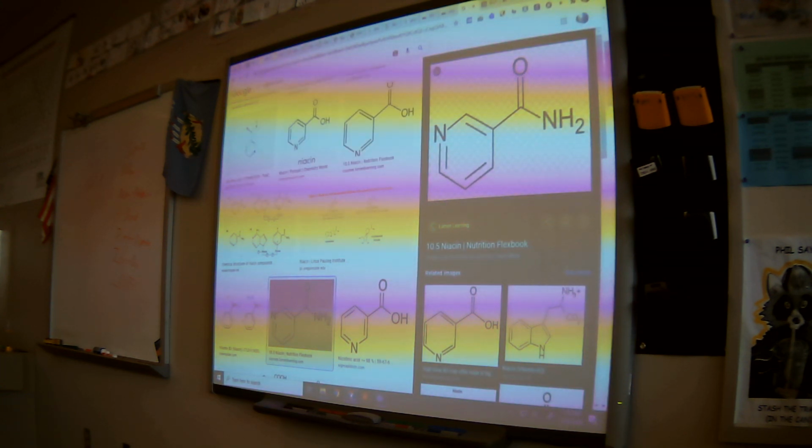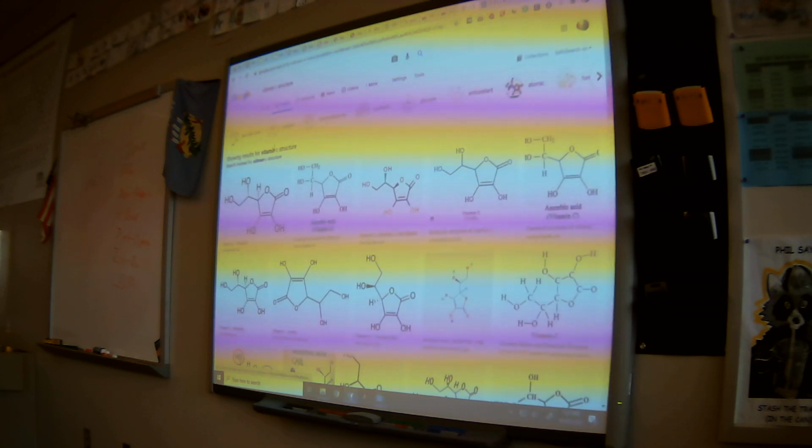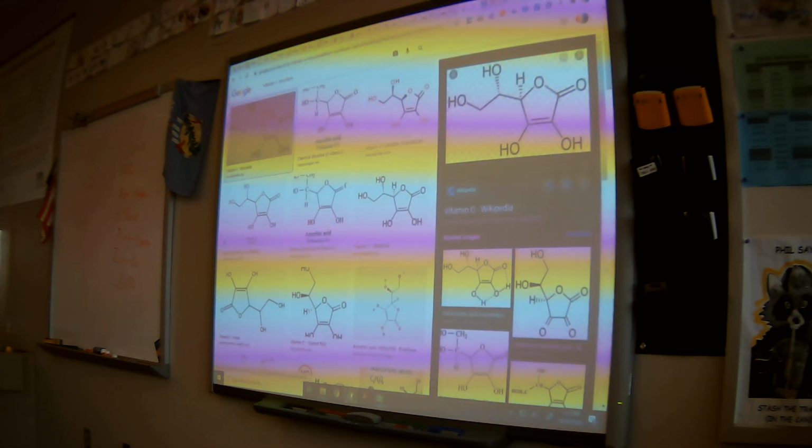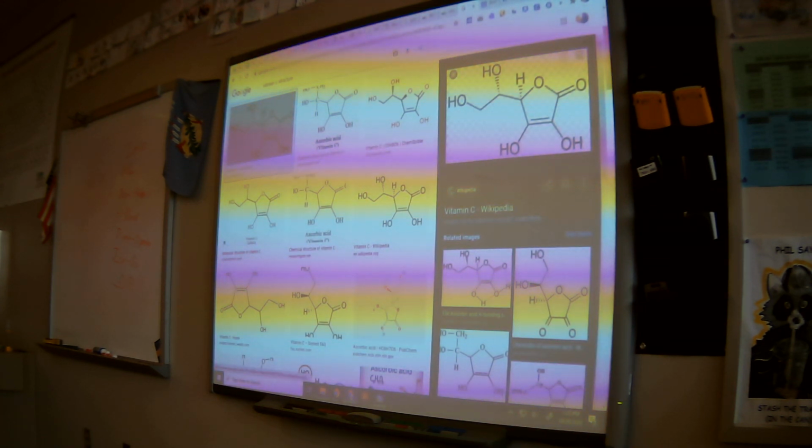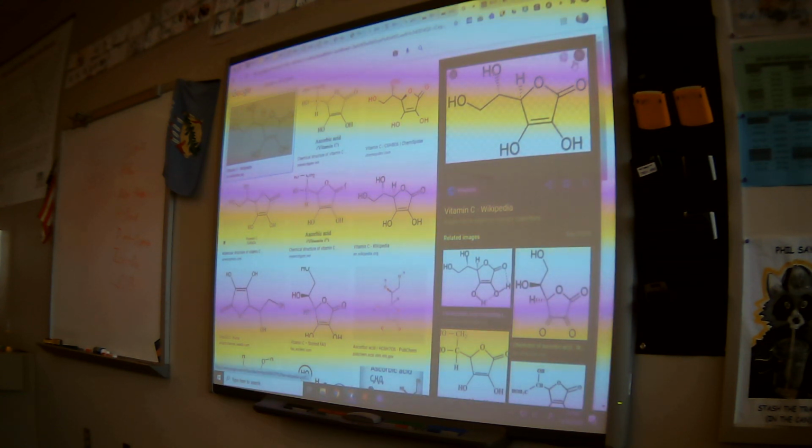Vitamin C was good for you. It is, but you can OD on everything. So there's vitamin C. Do you think it's water soluble? Very. You see all of these hydrogen bonds? They're all over the place, right?